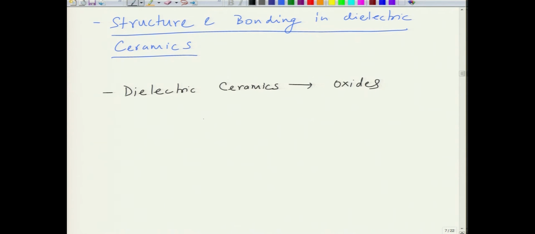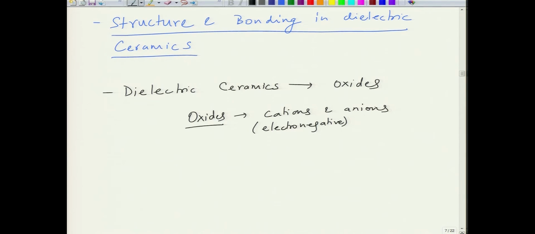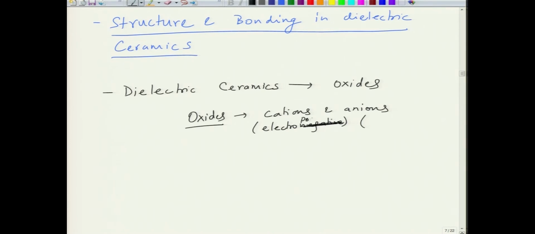Oxides are generally a mixture of cations and anions. Cations are electropositive and anions are electronegative. So, cations have a tendency to give away electrons, anions have a tendency to accept electrons, and the difference in electronegativity is a driving force to form a bond between the cations and anions.